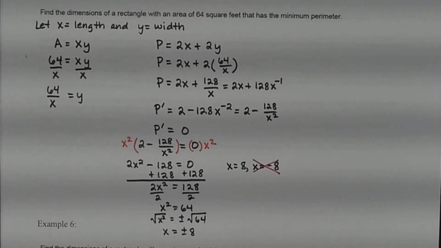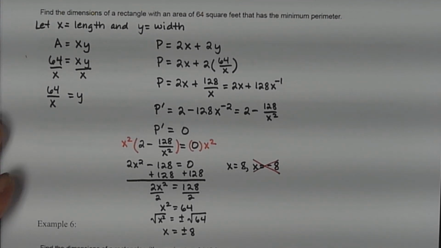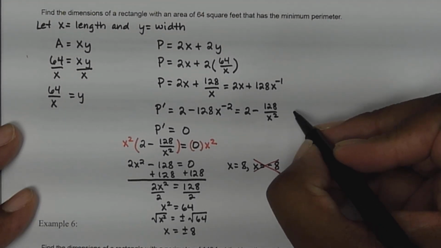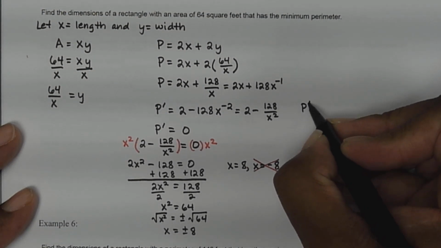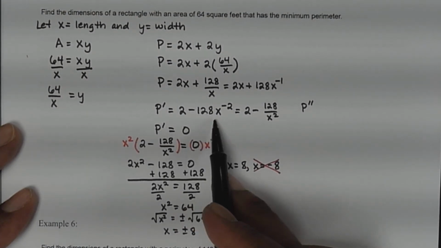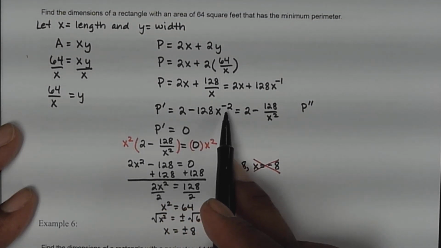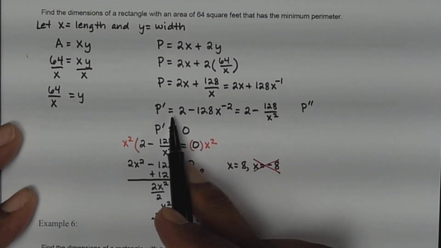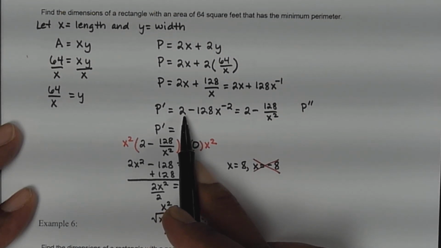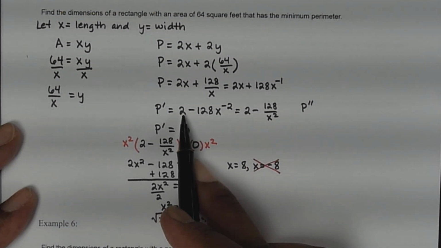Now, to verify that I will have a minimum, I need to take the second derivative, which is P double prime. So I'm going to use this right here with the negative exponent in it and find out what the second derivative will be. The derivative of 2 is 0.